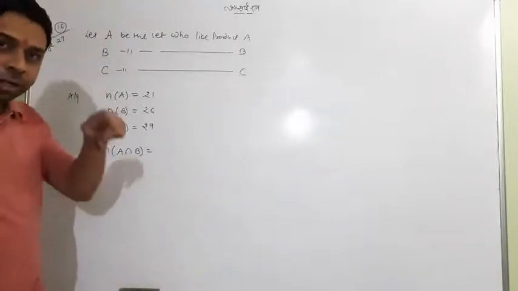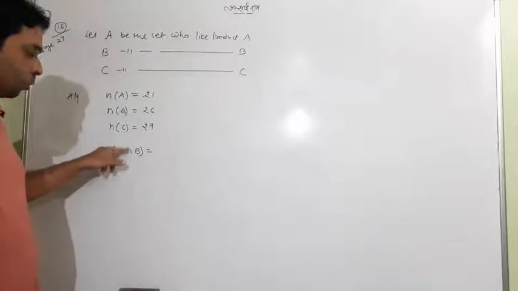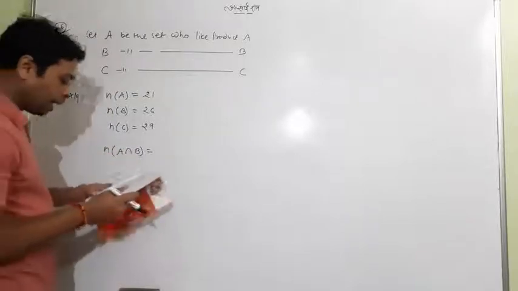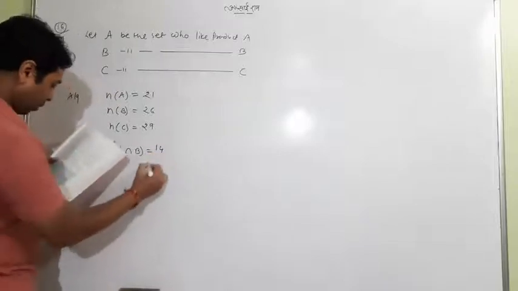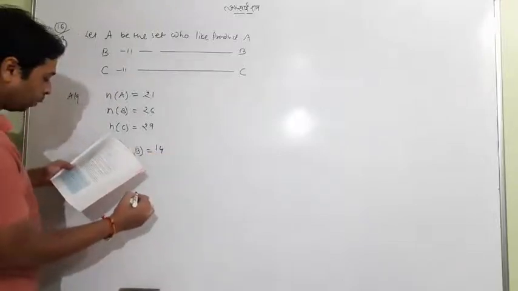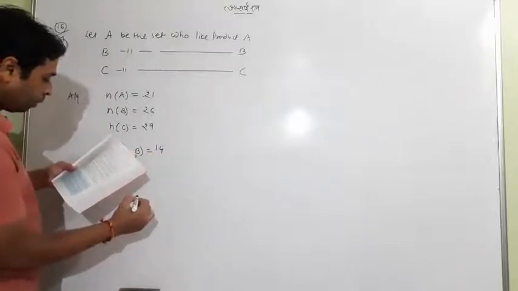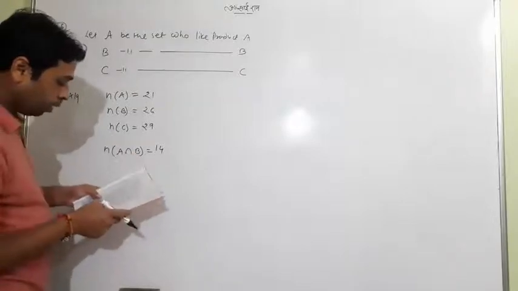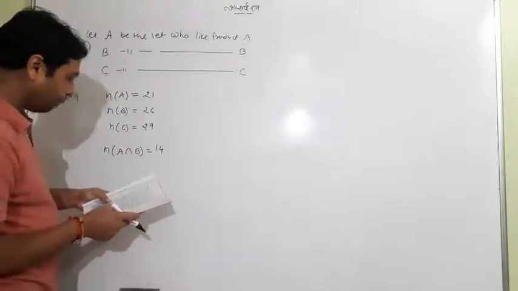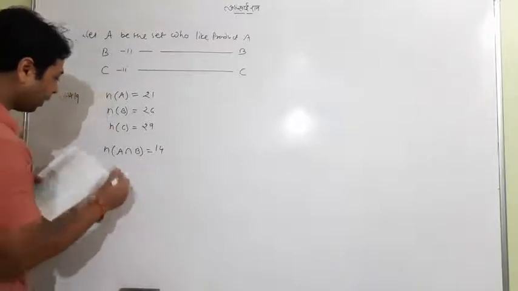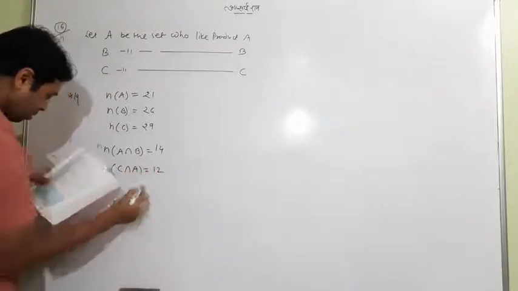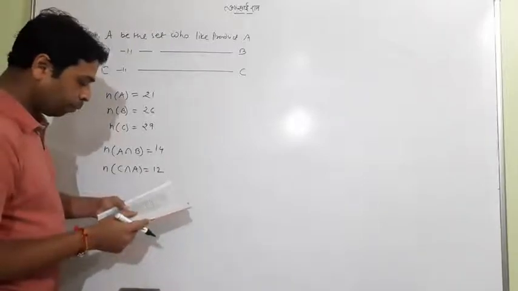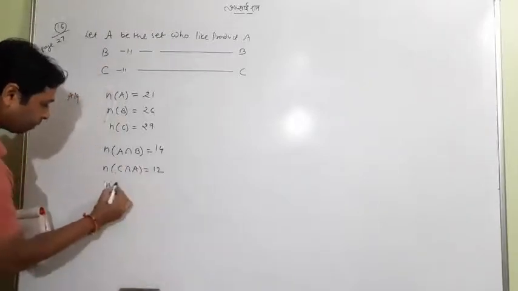So A and B is 14 people. 12 people like product C and A, so C and A is 12, and 14 people again like B and C.